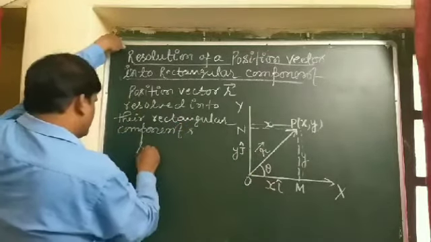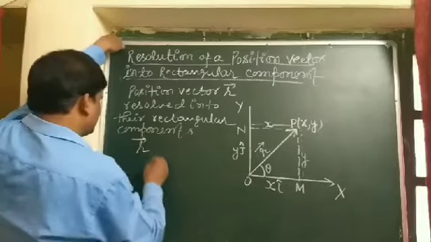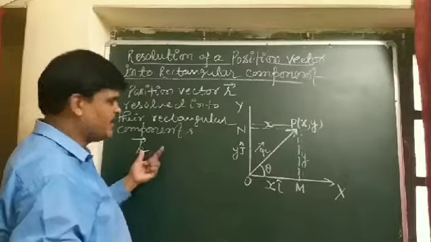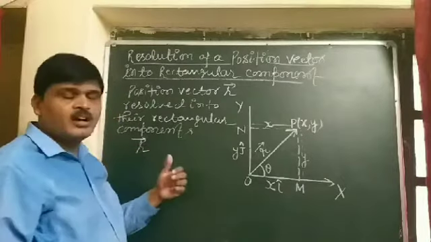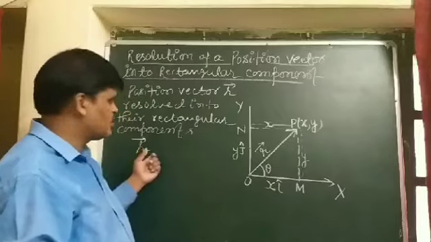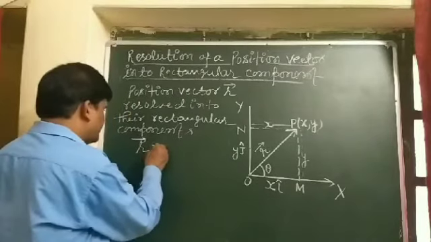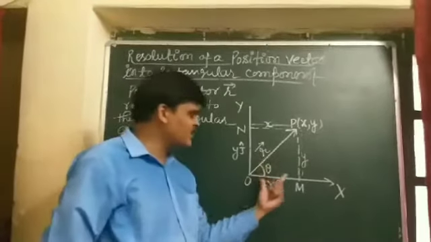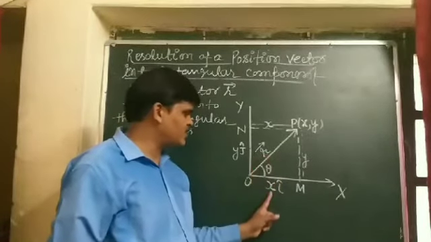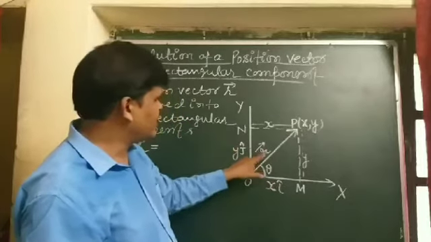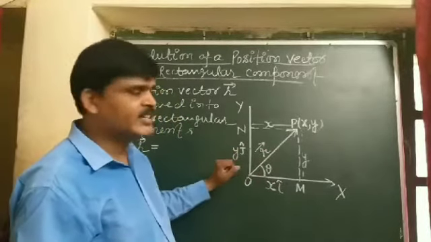So, for building the concept, how will you write the position vector? The position vector can be written in terms of its rectangular components: the x component, the horizontal component of the position vector, is x i cap, and the vertical component of the position vector is y j cap.